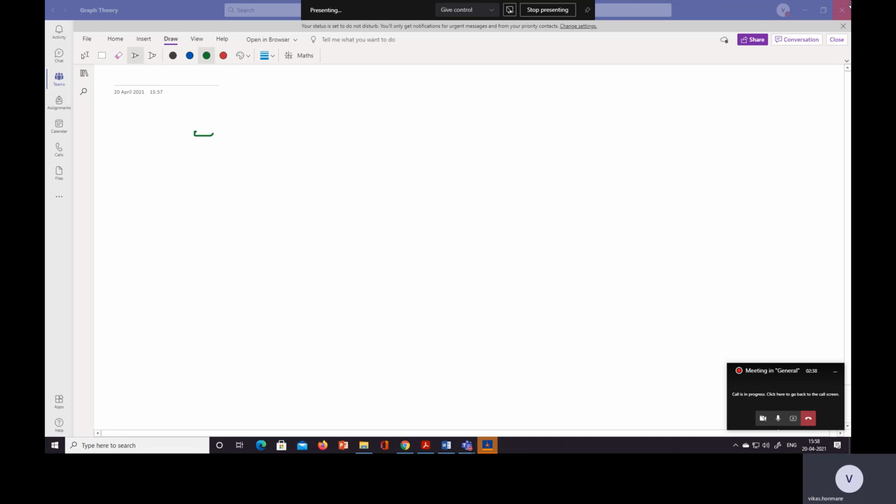So, terminology related to undirected graph. We can consider here an undirected graph. The first concept is adjacent vertex.